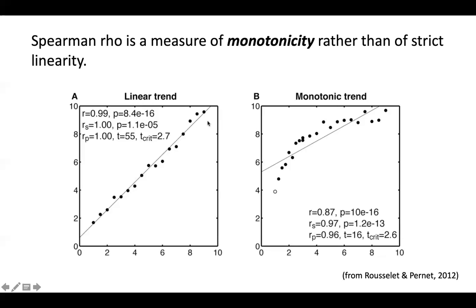And you see that here in these two graphs. Here we have one example where the relationship between the two variables can be very well described using a straight line. A linear function can describe this relationship with only minimal residuals, so the points all lie almost perfectly on this line.